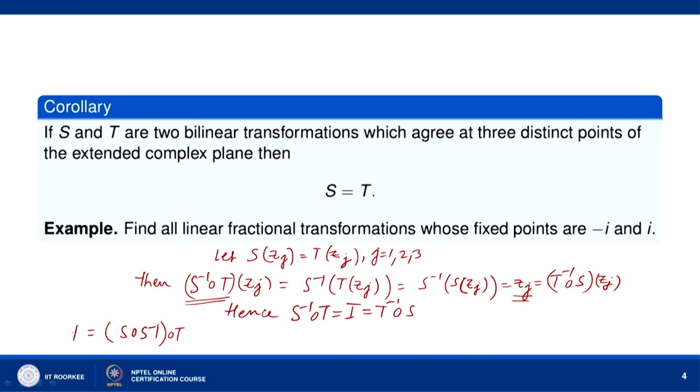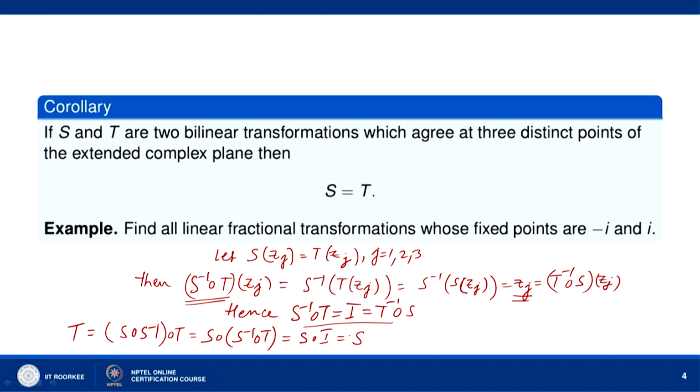We can write T as S∘S inverse∘T, because S∘S inverse is the identity map. So this is equal to S∘S inverse∘T, which is equal to S∘identity map, which is equal to S. So T can be written as S∘S inverse∘T, and S inverse∘T is the identity map.